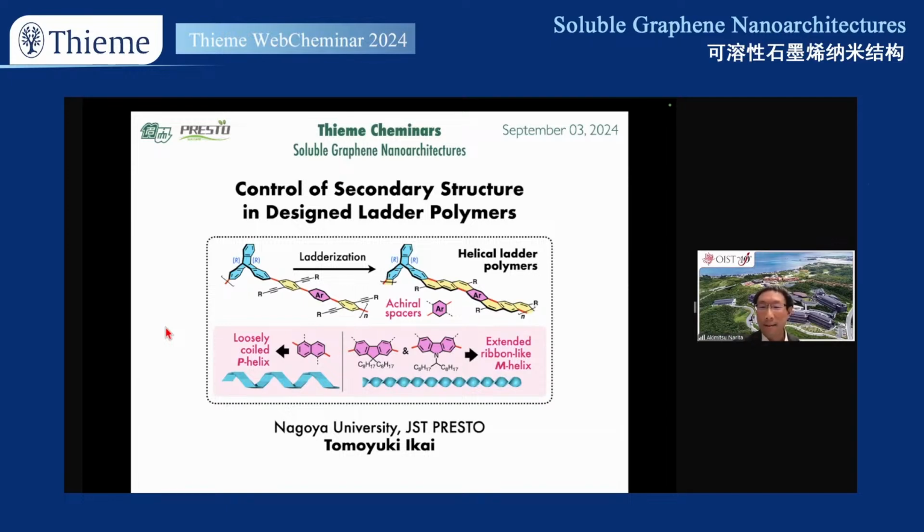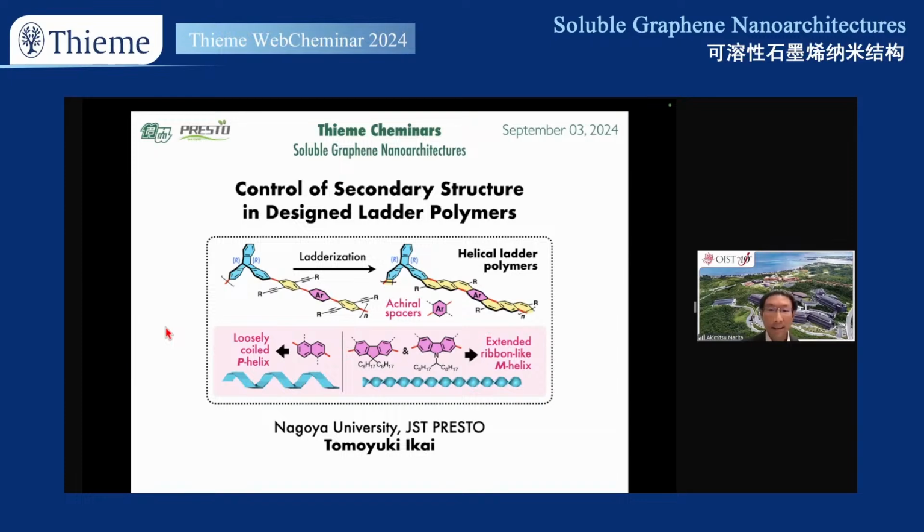He also received different awards, including the Encouragement of Research in Polymer Science from the Society of Polymer Science, Japan in 2016, the Japan Association for Chemical Innovation Award for Young Researchers in 2020, and the MC Asia 2022 Poster Award, for the synthesis of single-handed helical conjugated ladder polymers. The title of his talk today is Control of Secondary Structure in Designed Ladder Polymers.